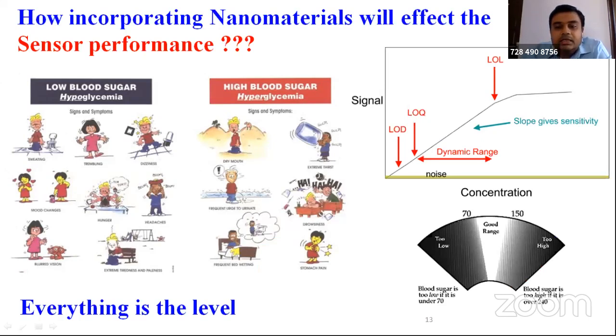That is why the concentration is extremely important. If at a low concentration you are getting a signal by incorporating a material, it has been obtained because of signal amplification. At a low level you are not getting a signal without a material, but when you have incorporated a material in the system, the signal has been improvised. That is extremely important.